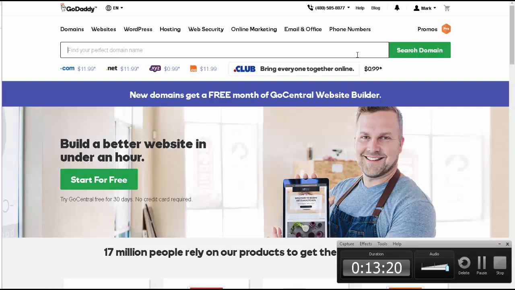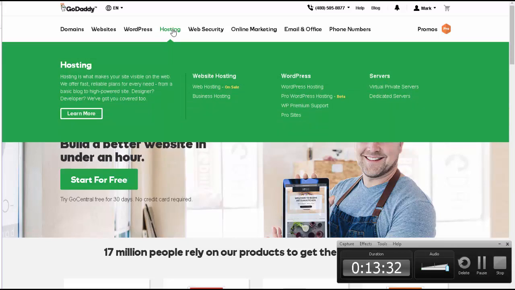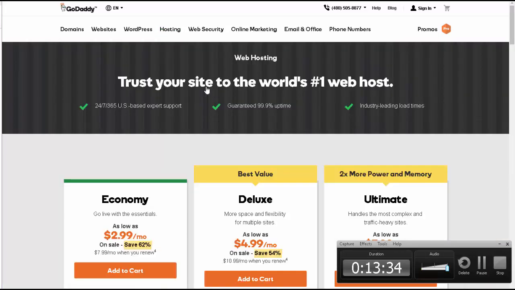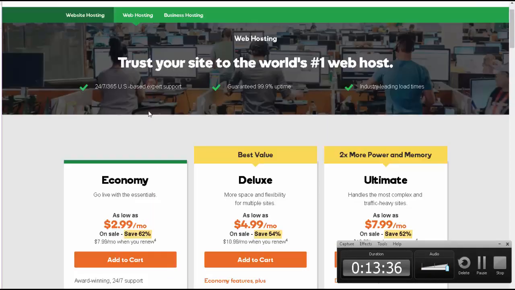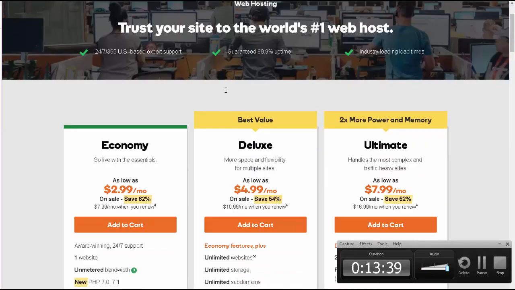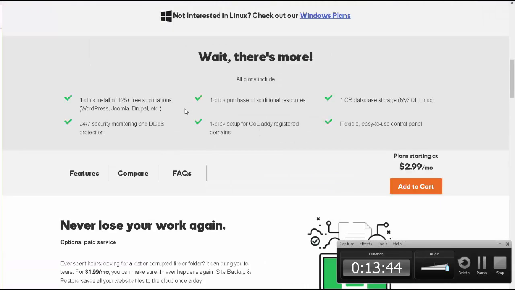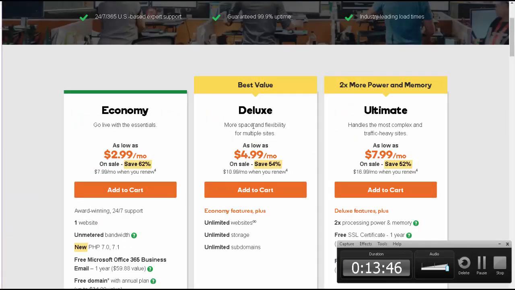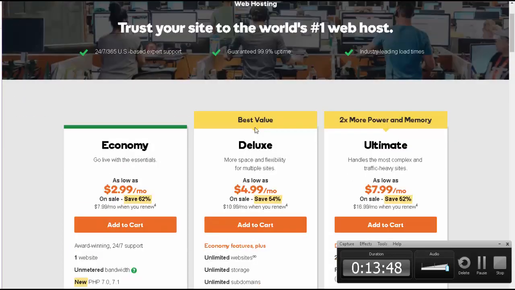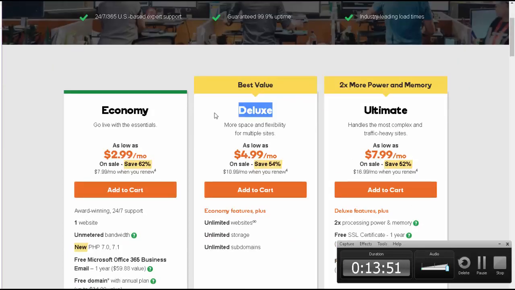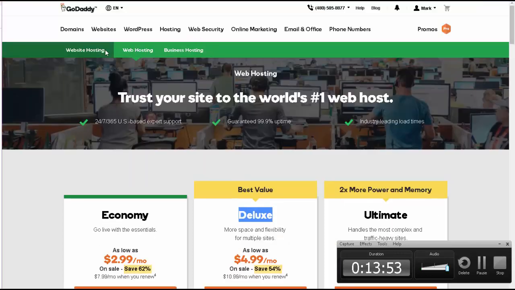So you have a domain name. That domain name and the files associated with it need to be hosted somewhere. So this deluxe package from GoDaddy works well.